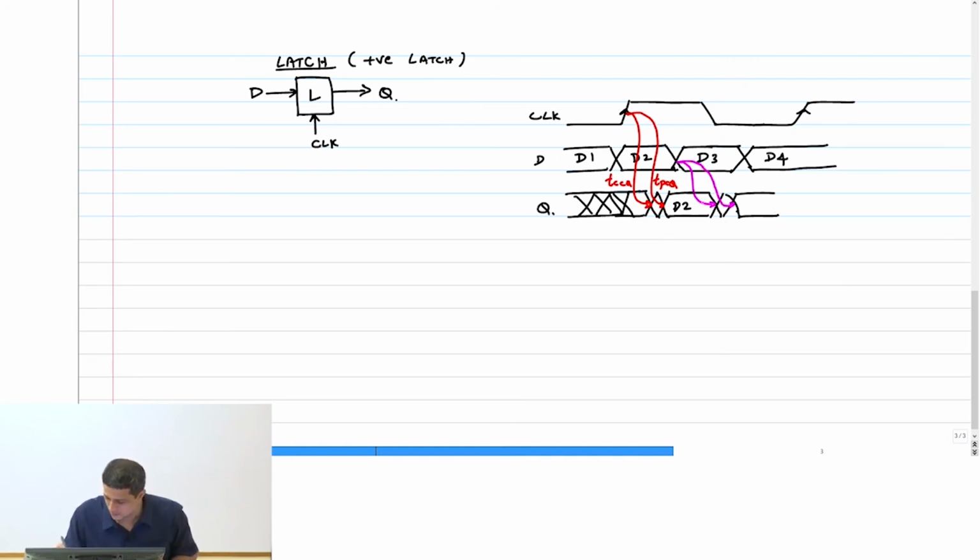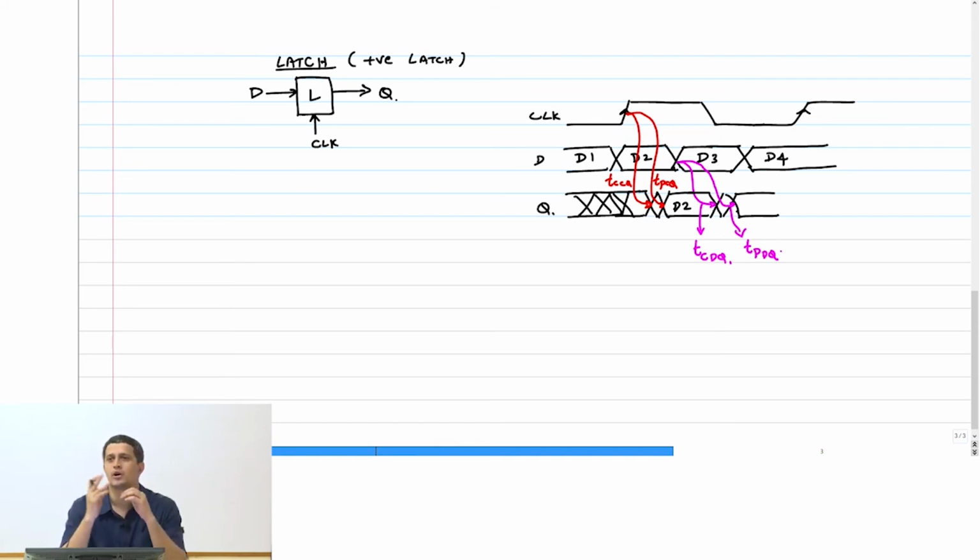No. The first C or P is always for contamination or propagation. So it is C, D, Q and T, P, D, Q. Okay.